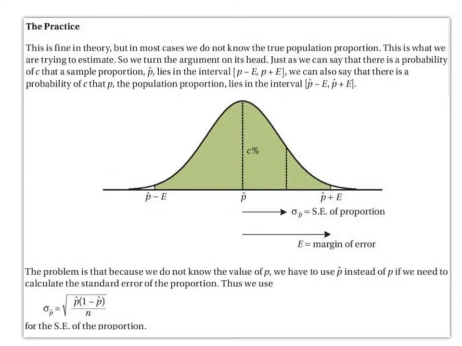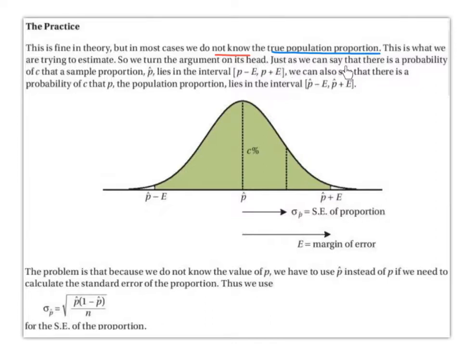In practice, this is fine in theory, but in most cases we do not know the true population proportion. This is what we are trying to estimate. So we turn the argument on its head.